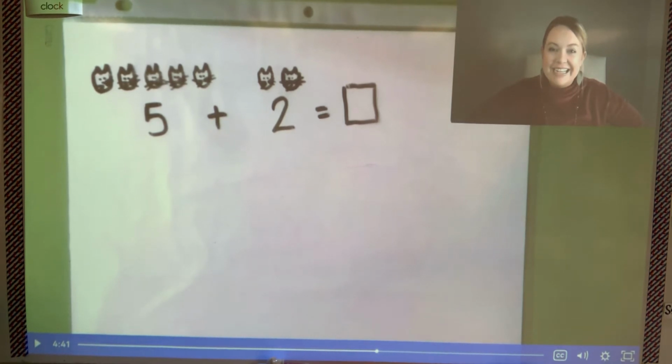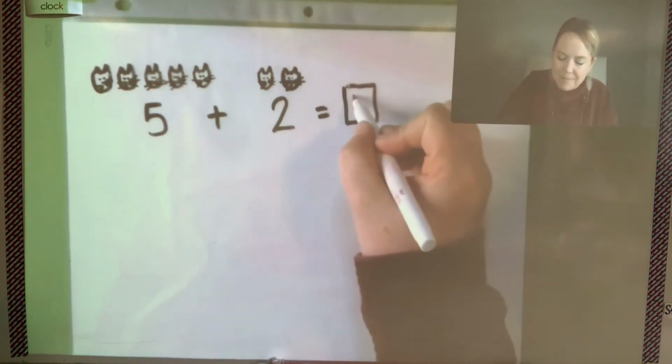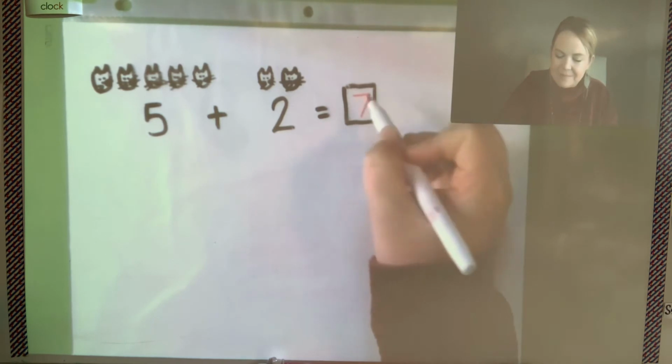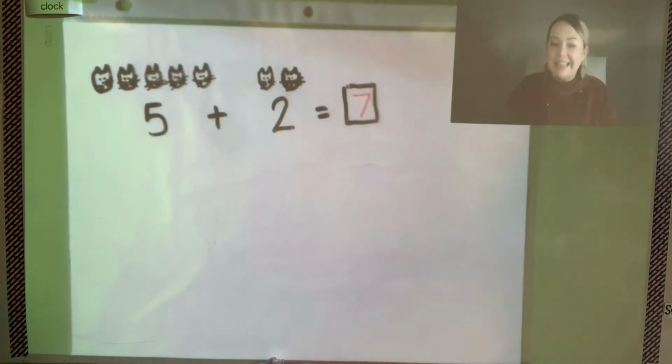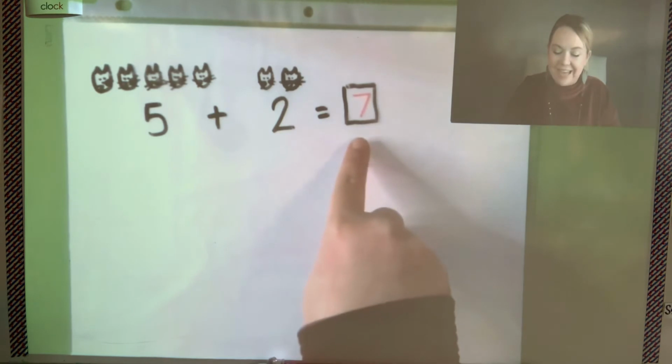Great job, Smriti. Yay, friends! Let's see if we're right. 7. So we can write 7 in our mystery box. Let's go ahead and read our number sentence together. 5 and 2 make 7.